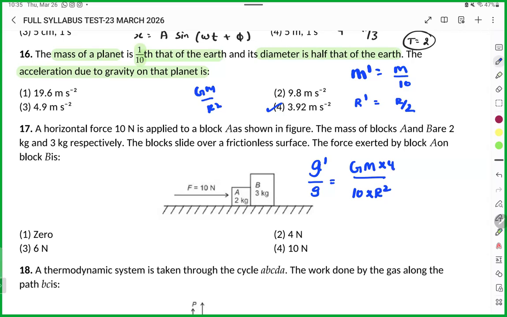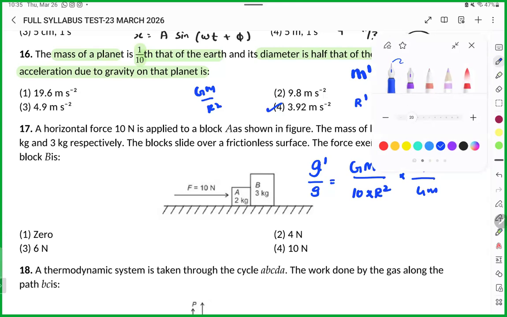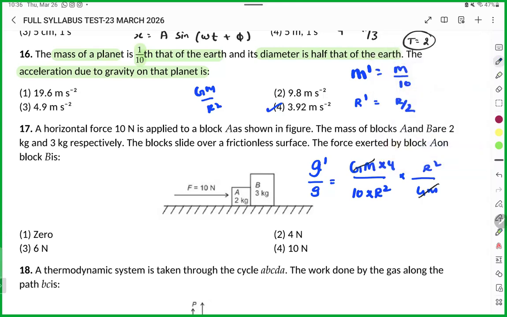Correct? For g, it will be the same, GM by r square. So GM cancels, r square cancels. G dash will be equal to 4g by 10. G value is 10, so consider it 40 by 10. Answer is 4. Okay, 4.